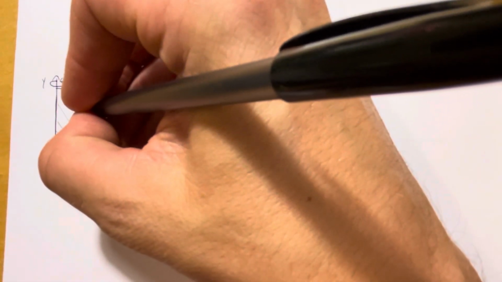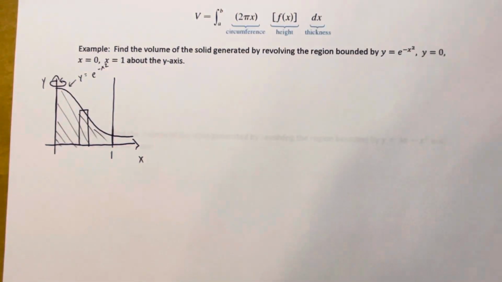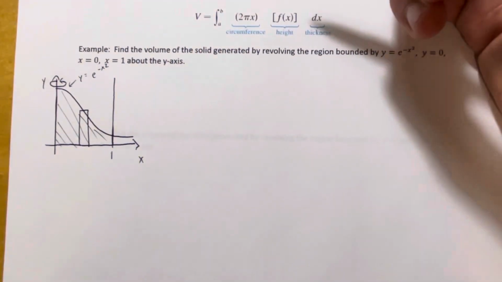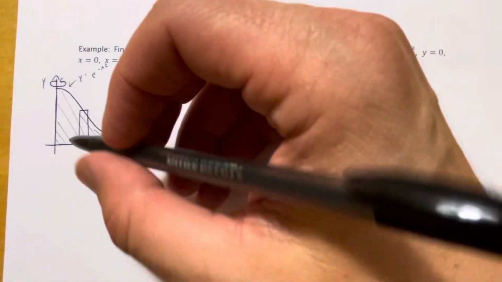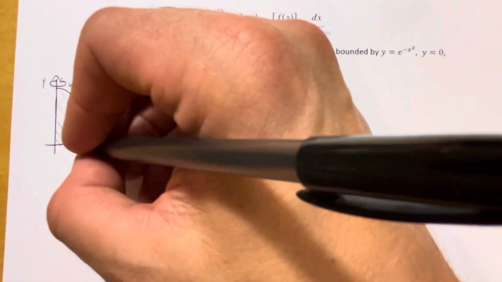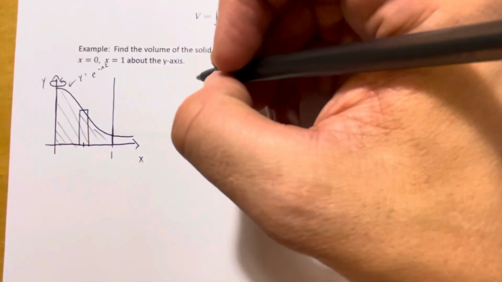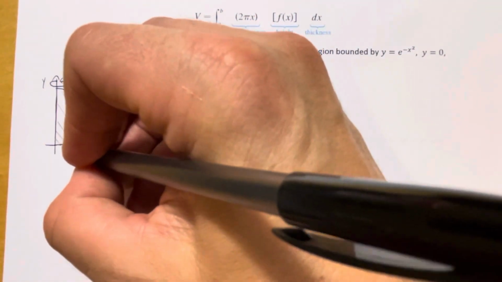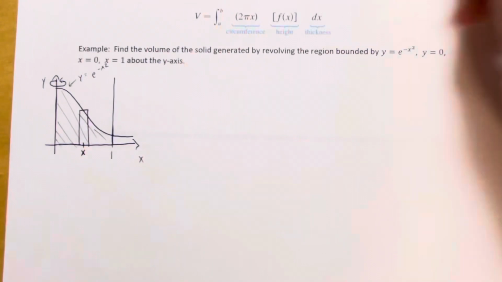So I'm going to put it like right here. Okay? If we were doing the washer method, that rectangle would be perpendicular to that axis, not parallel. But we're looking at a parallel rectangle in this case. And remember, I'm using the midpoint of that rectangle to determine its height. I'm going to just call that value x to keep it general.